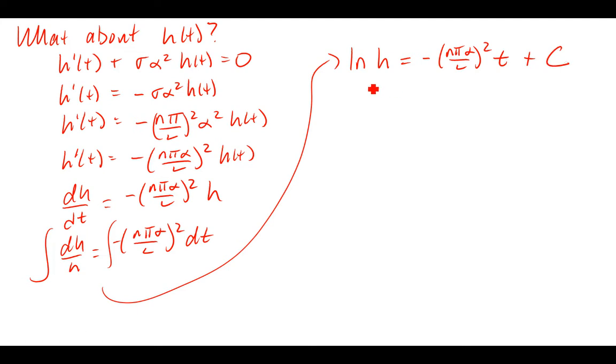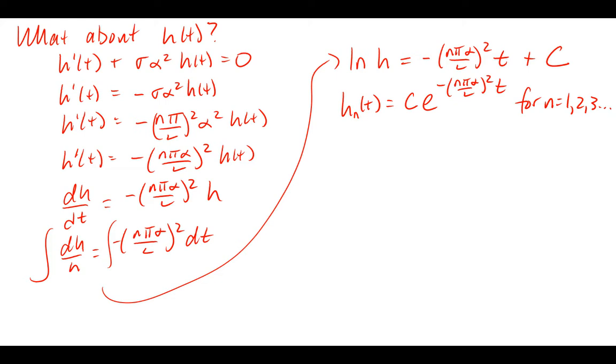So what do we do to solve this now finally is we can say, all right, so h, if I e both sides, of course, we remember that the constant comes back down in front, and I get e to the that stuff, t. And this works for n equals 1, 2, 3, and so on. Oh, gosh, sorry. So I'm actually going to call that h subscript n to say all of those.